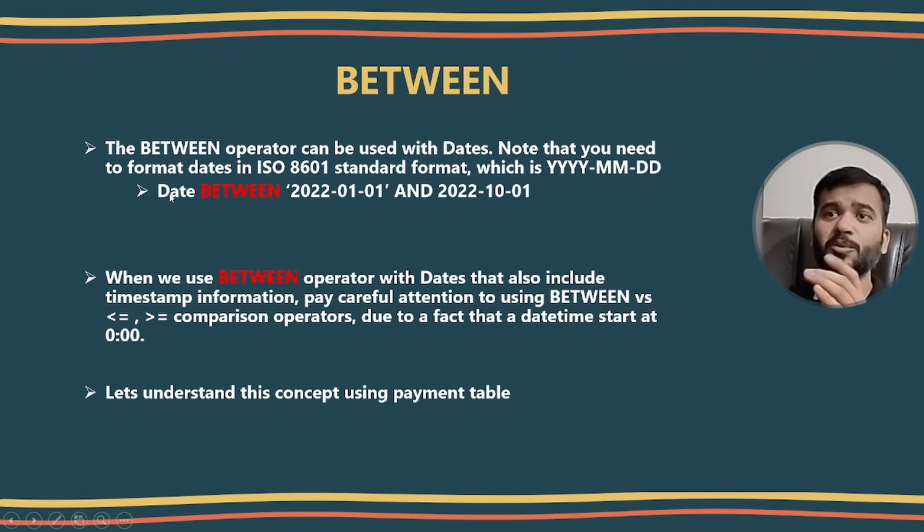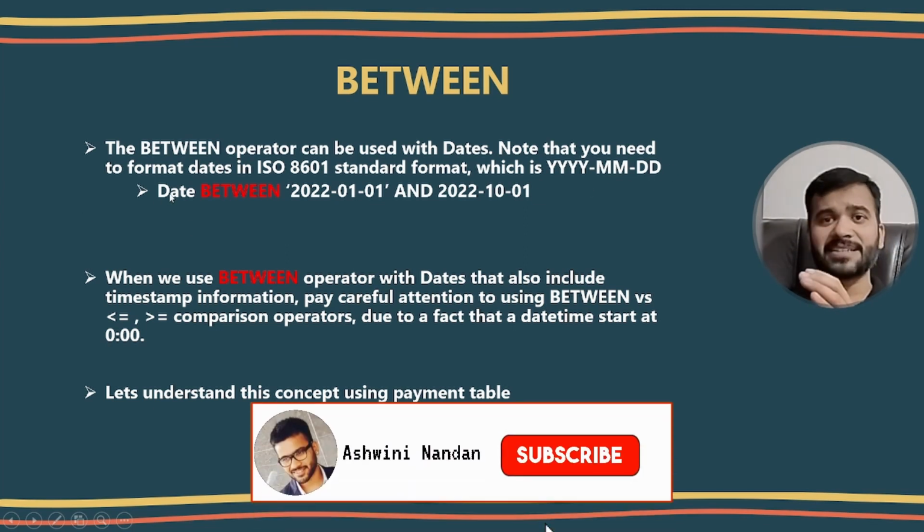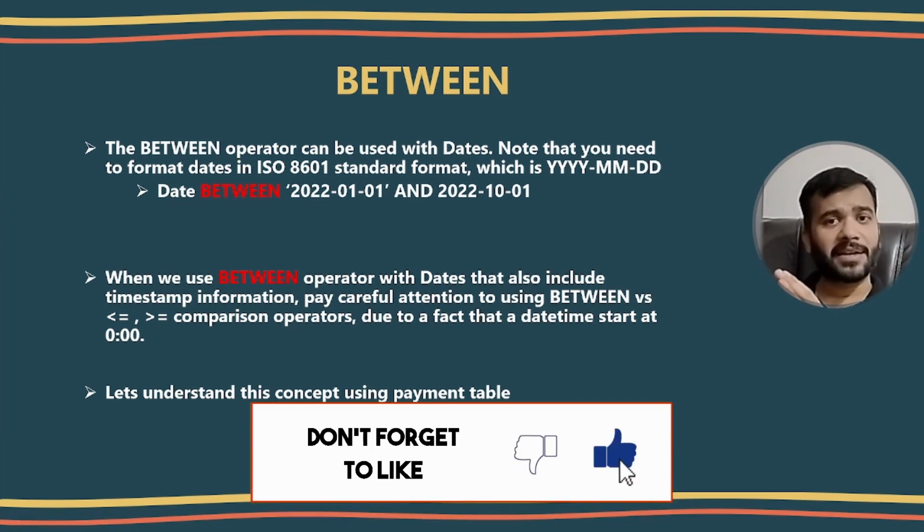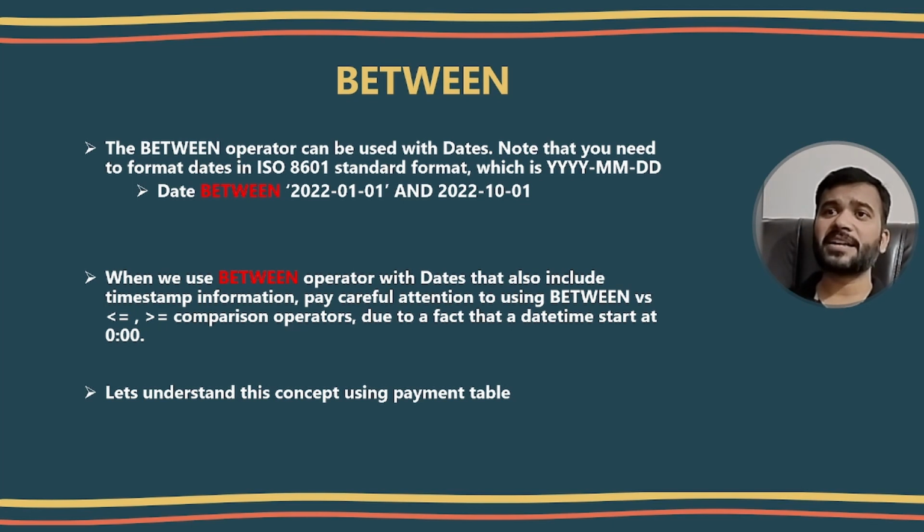Now, how to write it? Like SELECT star FROM table name WHERE date BETWEEN, something like that. You have to write the date in that specific format. If you do not write it in that format, it will not return you the data. So you have to remember the date format should be ISO 8601.